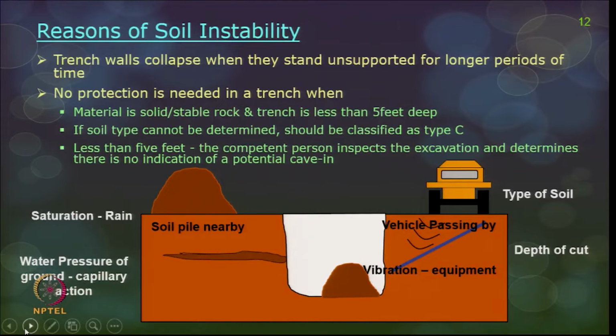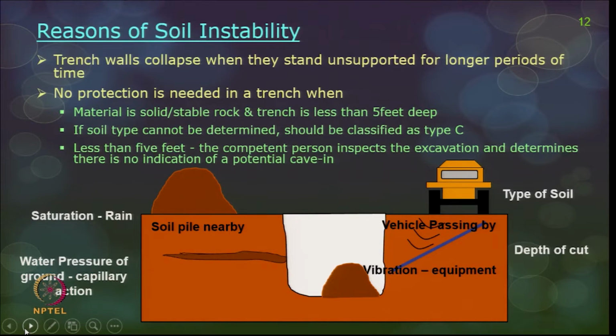Suppose, okay, everywhere you should know what can happen if something goes wrong. Anything can go wrong, especially with soil, anything is possible. If the soil type is not determined or it is difficult to identify what type of soil, then it is better to classify it as type C soil. We will discuss type A, B, C soil after a few slides.